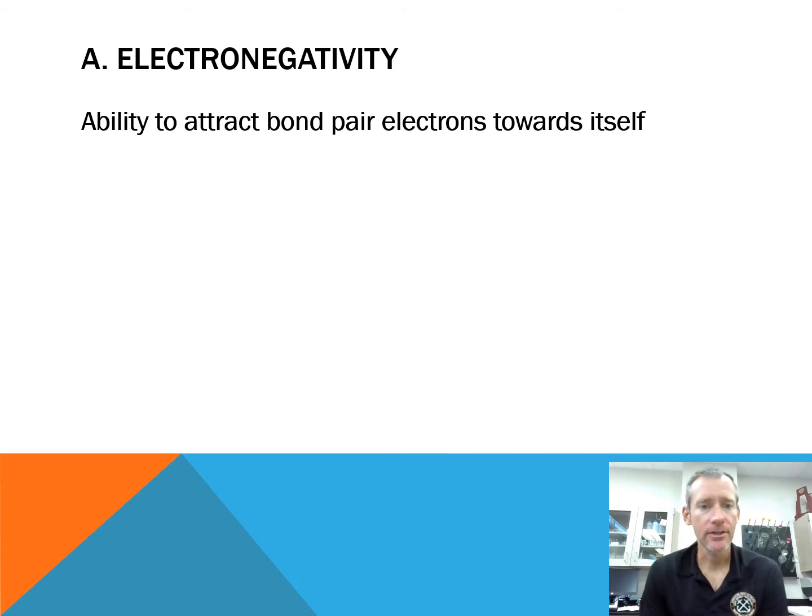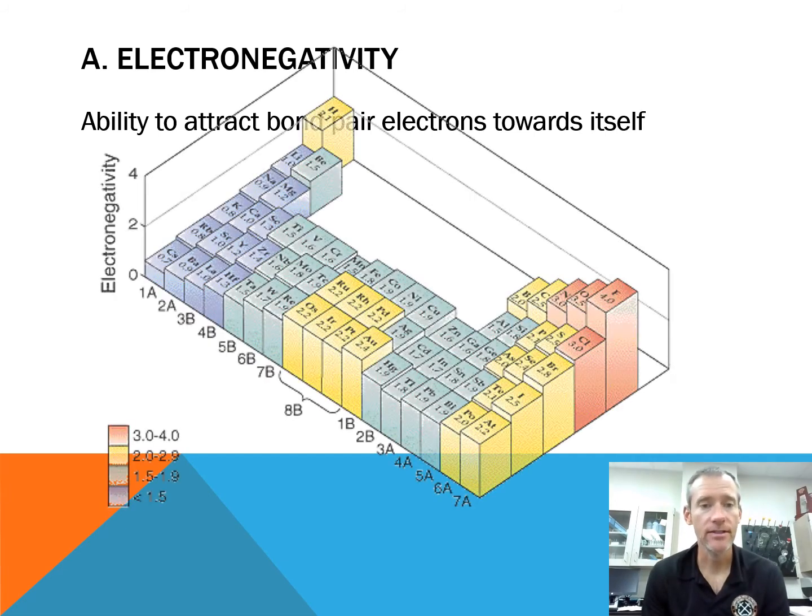The ability to attract a bond pair of electrons towards itself is electronegativity. So how much negativity can it attract? Fluorine is the most electronegative atom. You see here at 4.0.